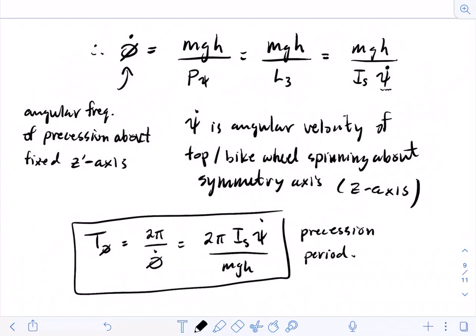So that's what I wanted to say about the symmetric top rotating about a fixed point. We saw that there were 2 angular momenta which were conserved: the angular momentum about the fixed z-axis and the angular momentum about the rotating symmetry axis. And for the special case where the top symmetry axis starts perpendicular to the fixed z prime axis, we've calculated the precession frequency.